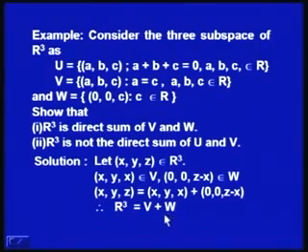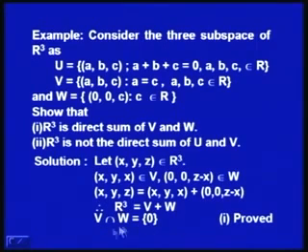and that means R cube is equal to V plus W. But this does not prove that it is a direct sum. To prove that it is a direct sum, we have to prove that V intersection W is equal to 0. So, one can notice that the intersection of the two is equal to 0.